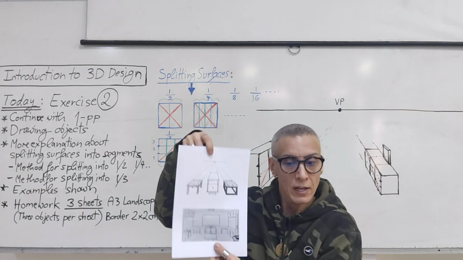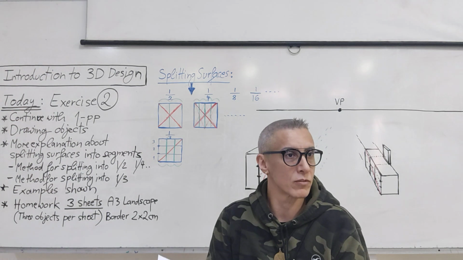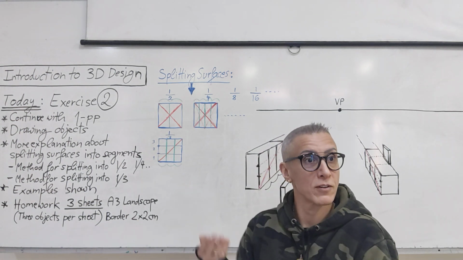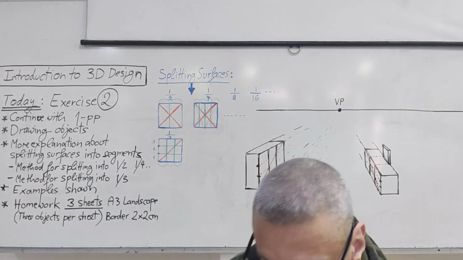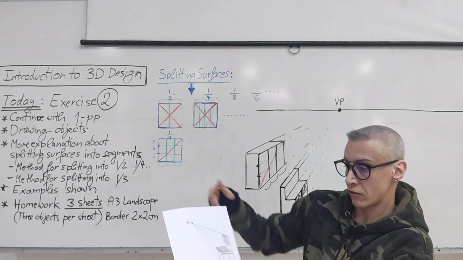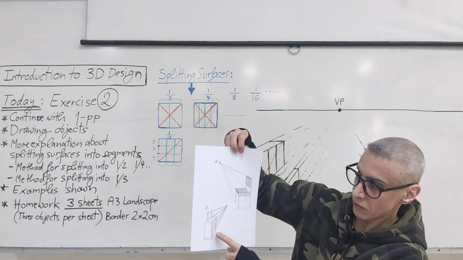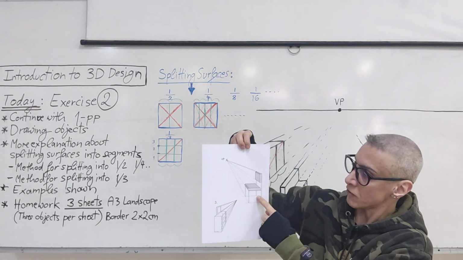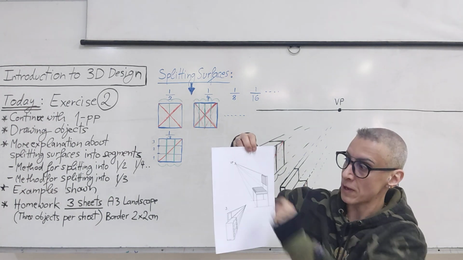The same method. I'm putting extra examples here so that you can see where one-point perspective can be applied in real life, okay? So it's not only for drawing objects, like this is, for example, okay, this is something similar to what we just did on the board. Here is a chair, okay, in one-point perspective.